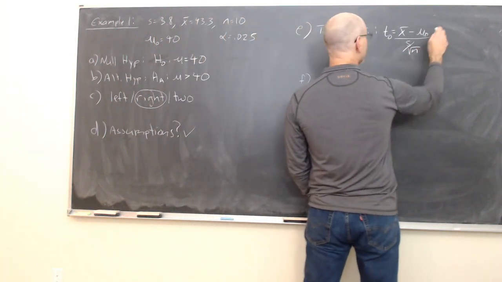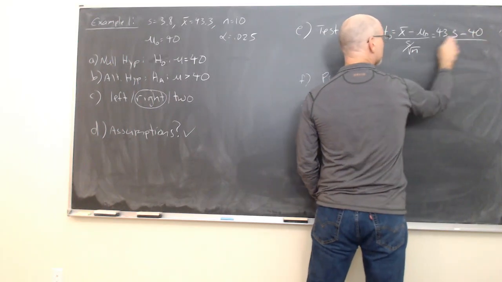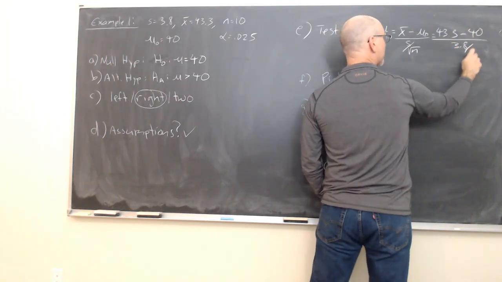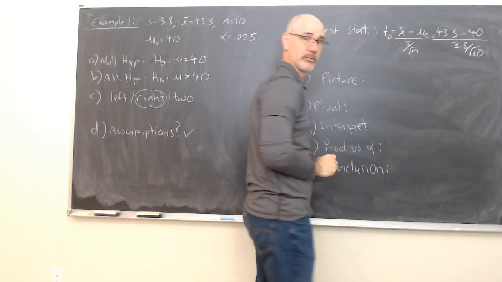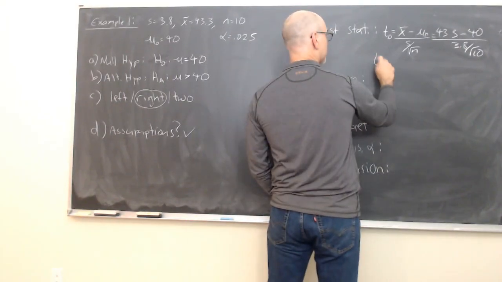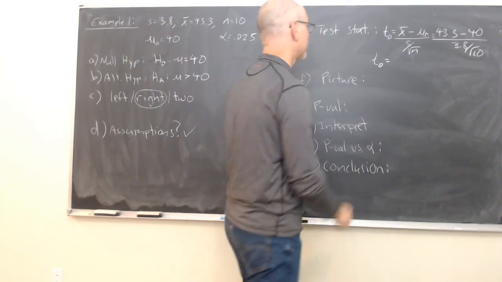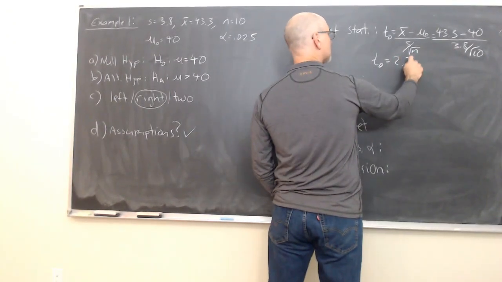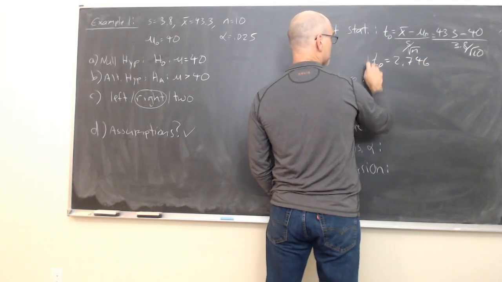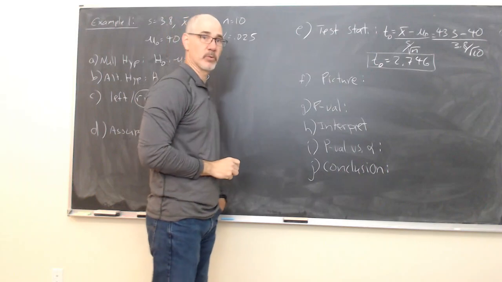This is 43.3 minus 40 over 3.8 divided by root 10. And if we get our calculators out and finish that up, we get 2.746. That's our t-score, or t-statistic, for the sample mean of 43.3.